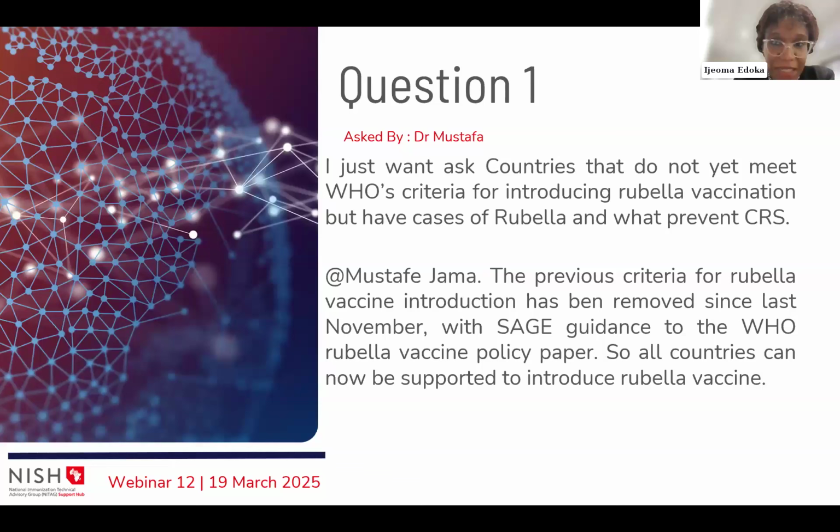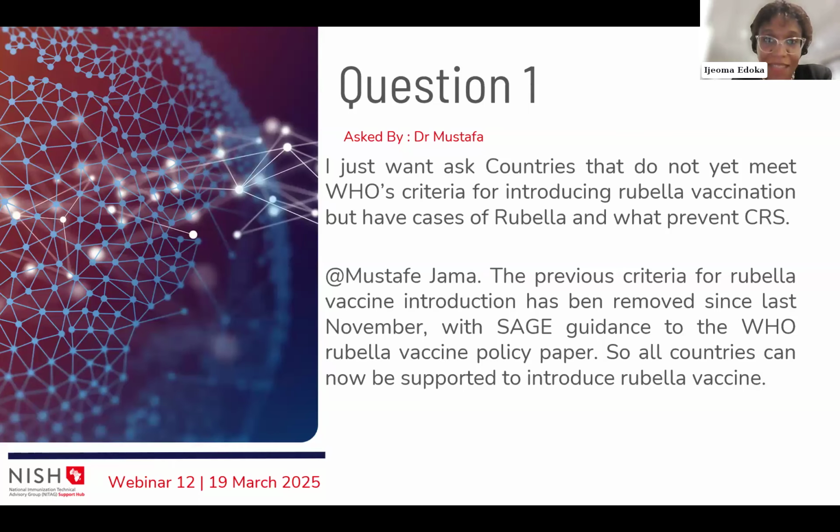We had two questions pop up. I think one already was answered by Balcha. I think both questions were addressed to Balcha, but the first question was from Mustafa from the Ministry of Health in Somalia, wanting to know, for countries that don't meet the WHO criteria for introducing a rubella vaccination program but are seeing rising cases of rubella, what's the advice to them?